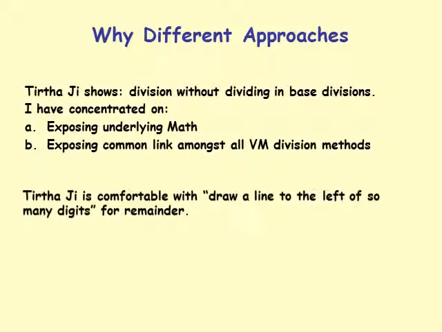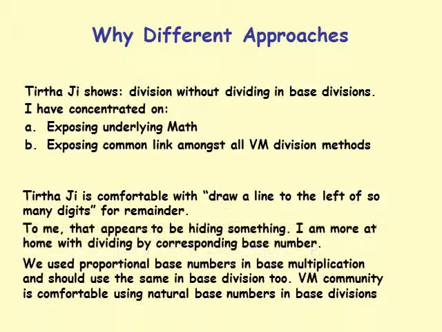Tirthaji is comfortable with the dry line to the left of so many digits for the remainder. To me, that appears to be hiding something. I'm more at home with dividing by the corresponding base number. I end up drawing a line, but I do that with the full knowledge that I'm dividing by a base number.